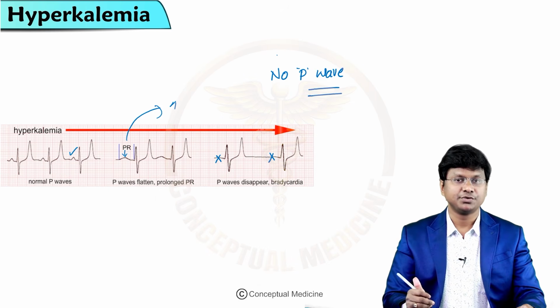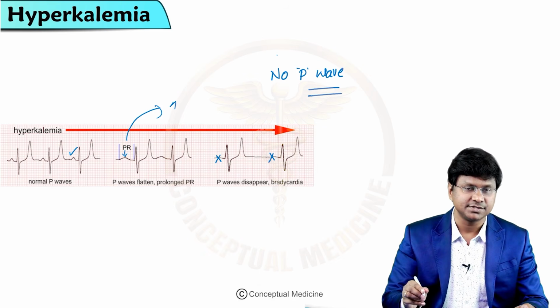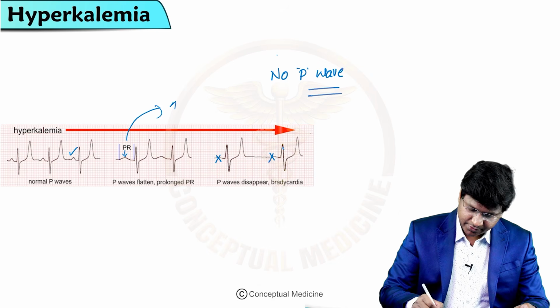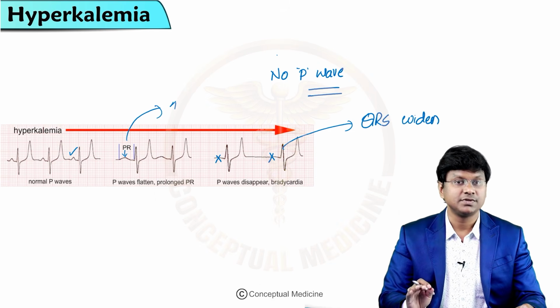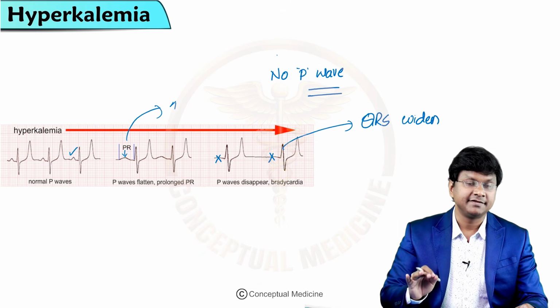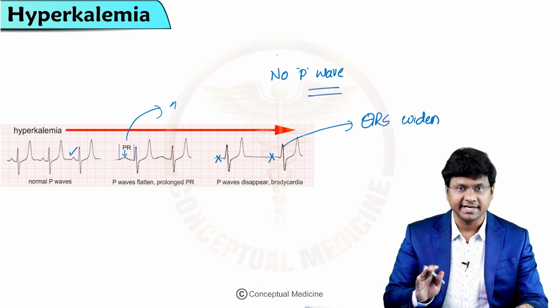The P wave eventually disappears, and the QRS complex will widen, and the final event is ventricular fibrillation or asystole.